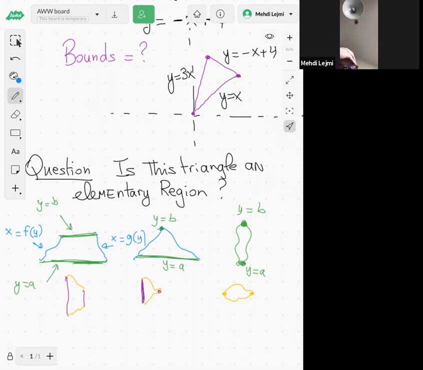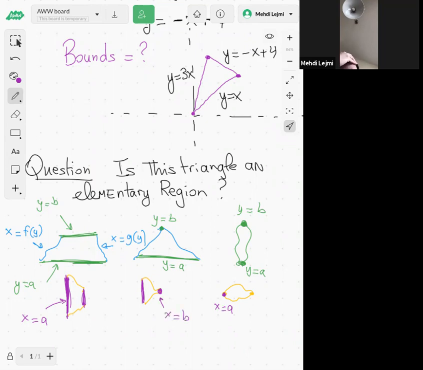In the second case, when you have two parallel vertical lines, this is x equals a. When we say x is equal to a constant, it means you have either a vertical line or a point. Here the x coordinate is equal to a, or here the x coordinate is equal to b.